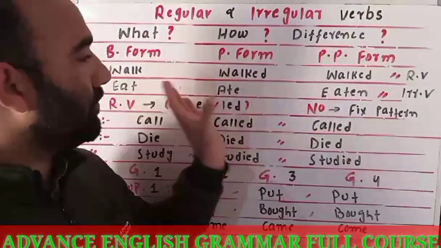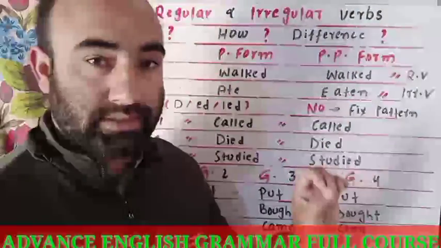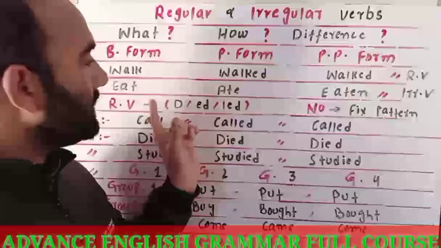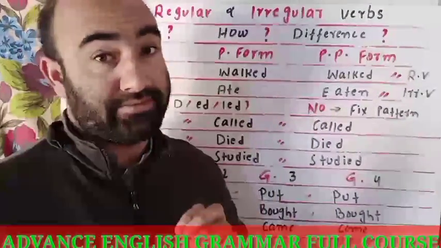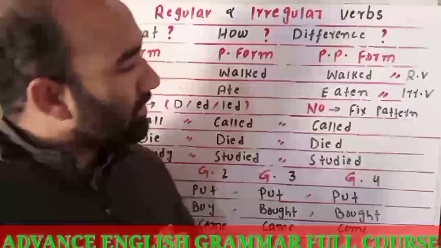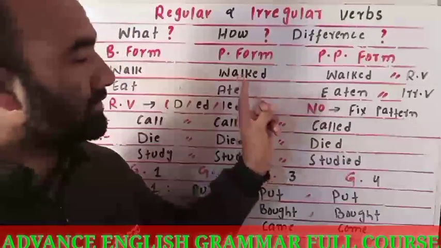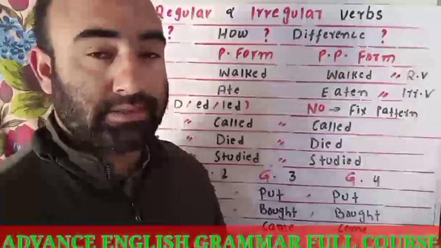For example, walk, walked, walked. Eat, ate, eaten. You can see there are three forms of the verb. We will take this one, walk, walked, walked.